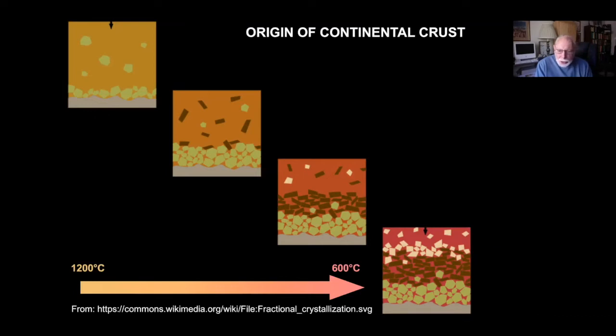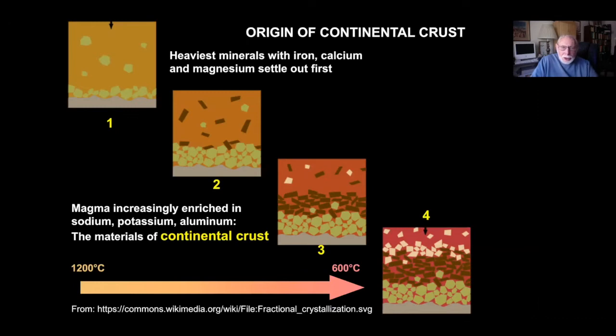And eventually what you're left with is a magma that's enriched in aluminum, silica, and the lighter elements. And so very likely that happened early in the history of the Earth. So the heaviest minerals, iron, calcium, magnesium, settled out first, and then finally left behind a magma that would be the material that, when it crystallized, formed the continental crust.